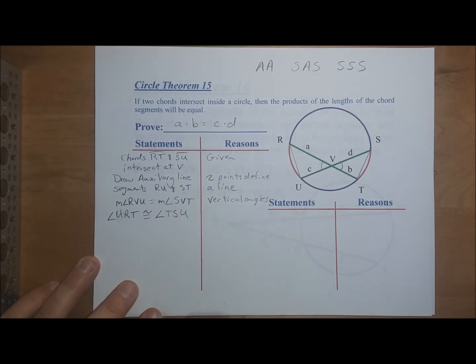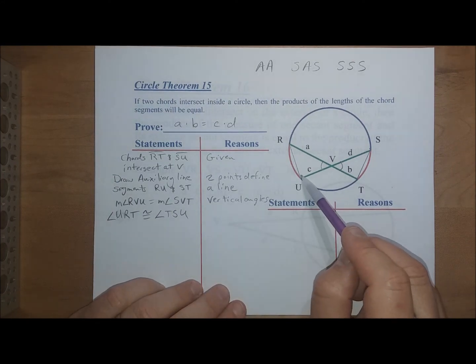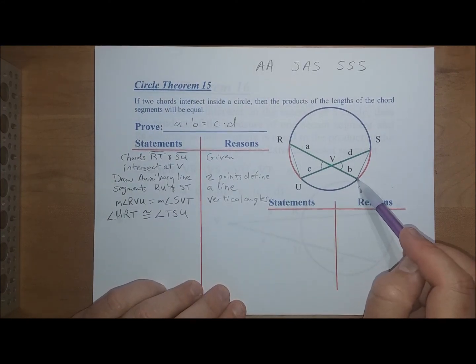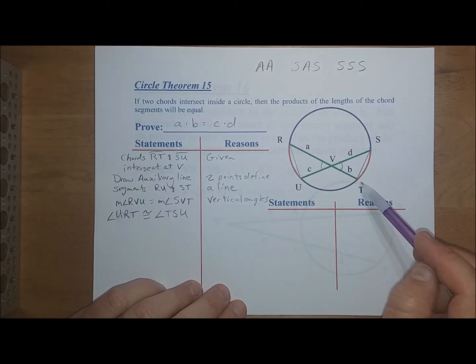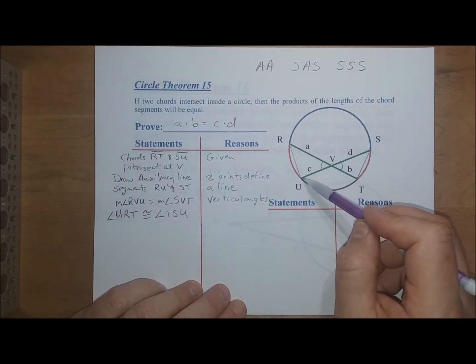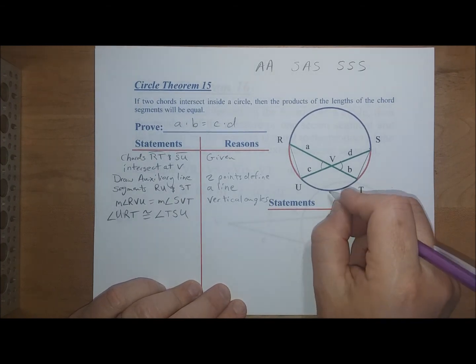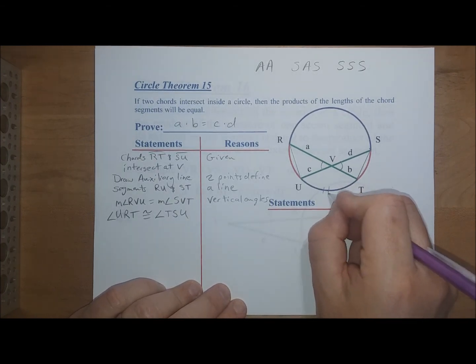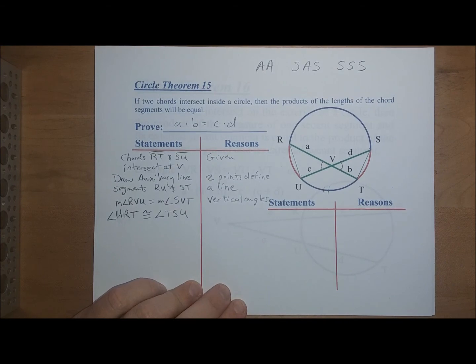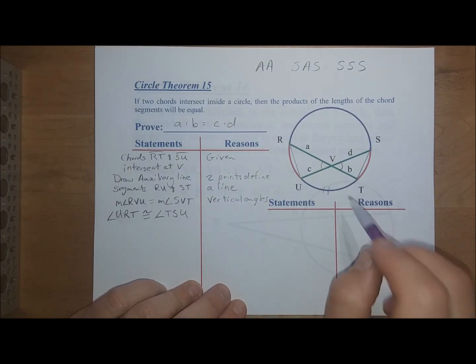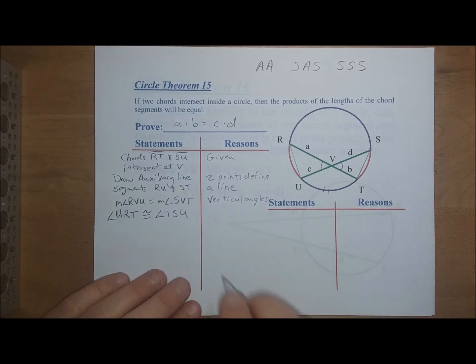How do I know that? I know that because angle URT is an inscribed angle in this circle. And angle TSU is also an inscribed angle in this circle, and both of them intercept this exact same arc. I know inscribed angles in the same circle that intercept the same arc must be congruent.